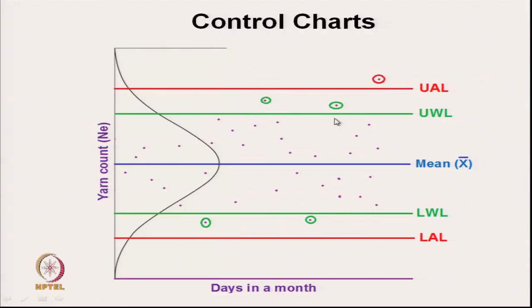That will show the performance of that particular process, how many times it is crossing the limit. Ideally it should be within this warning limit. Okay. And if it crosses the action limit repeatedly, then proper setting of the machine, proper selection of the raw material, everything has to be done.